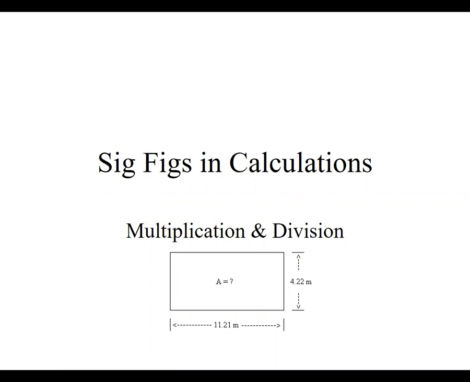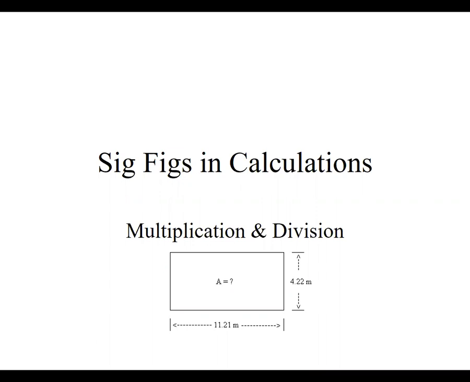And I'm going to prove it for multiplication. You can take my word for it on division, but I'm going to illustrate the rule with multiplication. Let's say that I've got a rectangular piece of land, and I'd like to put a fence around my land. Let's say my land measures 11.21 meters in length and 4.22 meters in width.